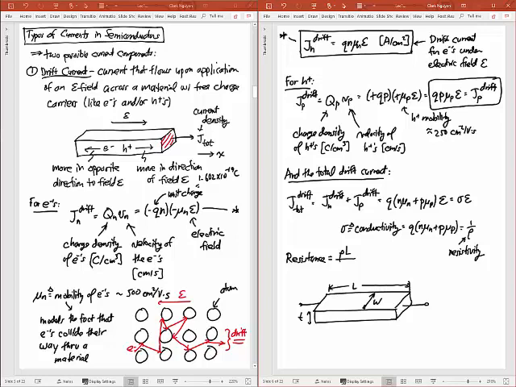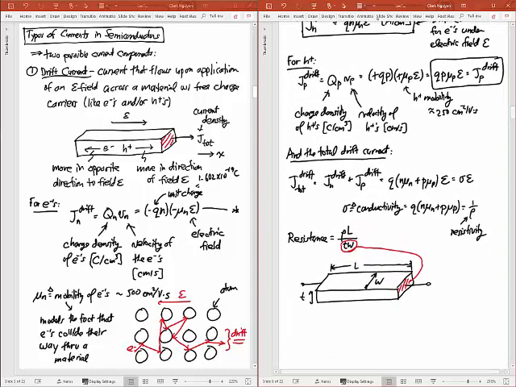And so its resistance is rho, this 1 over conductivity or resistivity here, which is related to the mobility and the carrier concentration you have, divided by the thickness and the width, which is basically the cross-sectional area of this thing. Right, so that TW is basically this. That's that. Okay, so that is resistance.